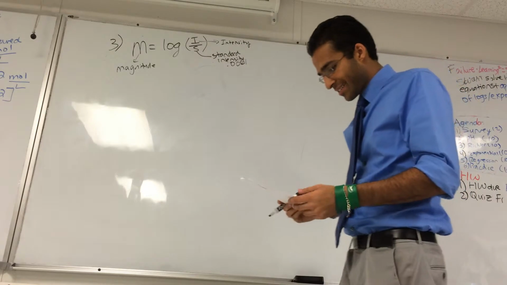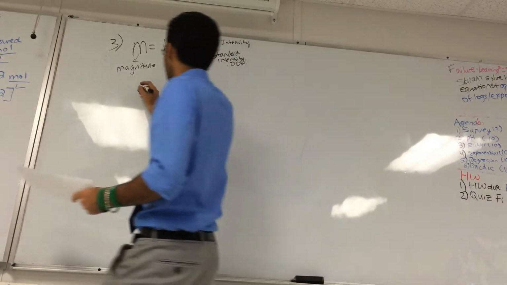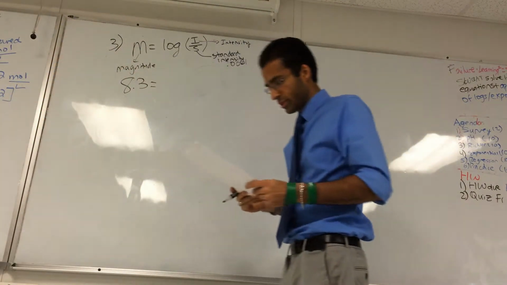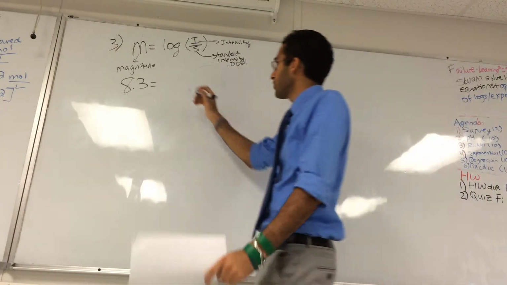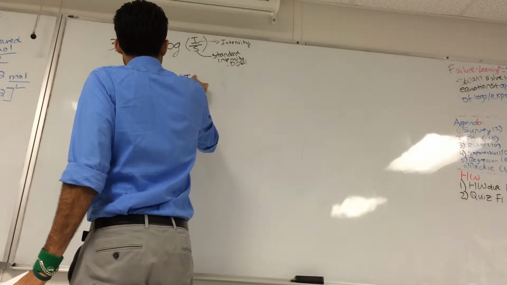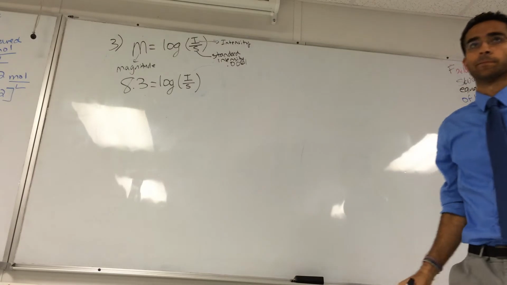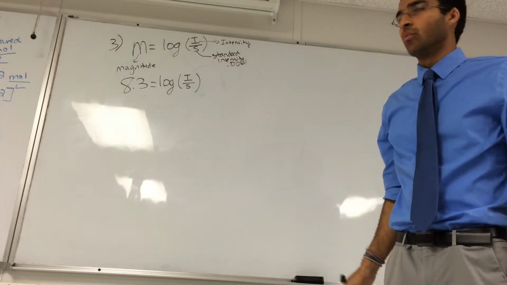And the question asks us, the 1906 earthquake had a magnitude of 8.3, so this is going to be 8.3. And the question is, what is the intensity? So we know 8.3 equals log of I over S. We know what S is.